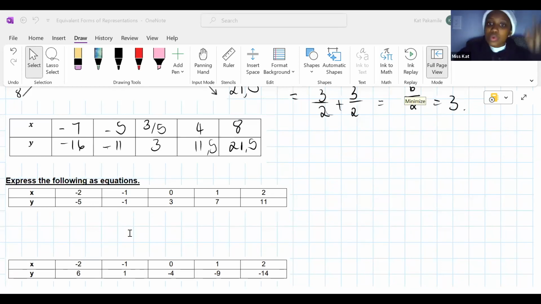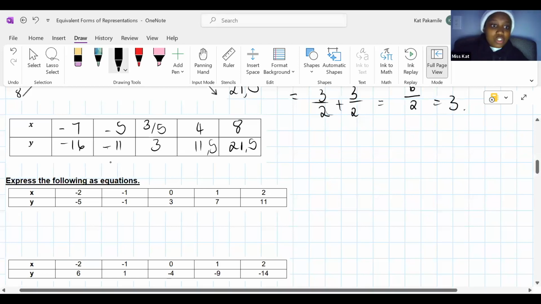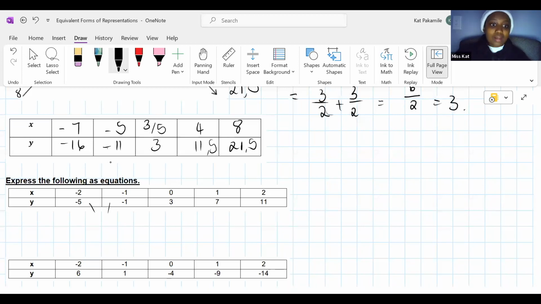Yes, you would find the rule, Tepang. So what would you do? First thing you would do is you would check the differences between the outputs. So from negative 5 to negative 1, what did you do? What did you do, guys? It's okay, Tobile. Please watch this video. We're going to upload it on the website, okay?